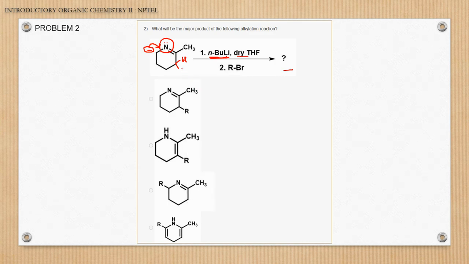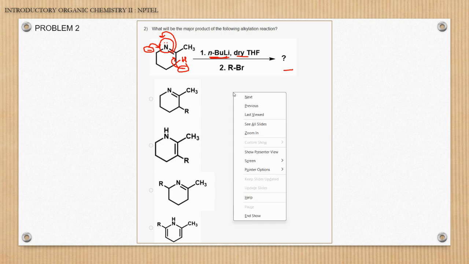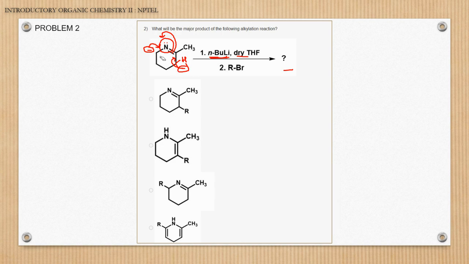But if a proton is getting removed at this position, right? Then what will happen? Now it will go here and it will go here. As I've told you already, the nitrogen has a tendency to occupy the negative charge, right? So here also, after going to this position, a negative charge is going to be generated at the nitrogen. Nitrogen being electronegative, it will stabilize that negative charge.